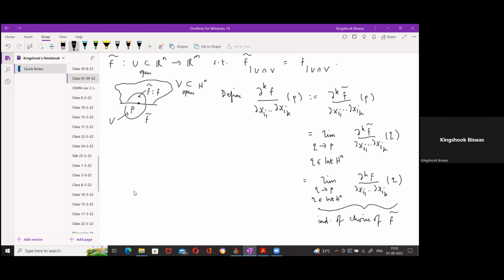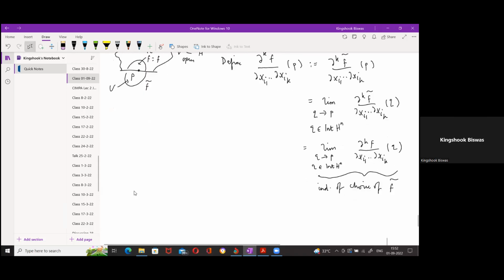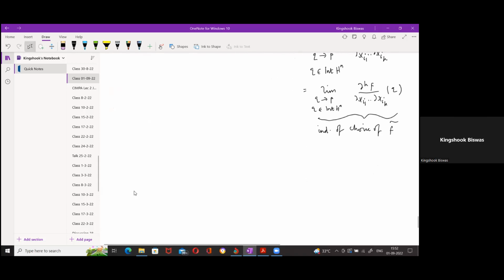Okay. And so then we can now define what a manifold with boundary is.